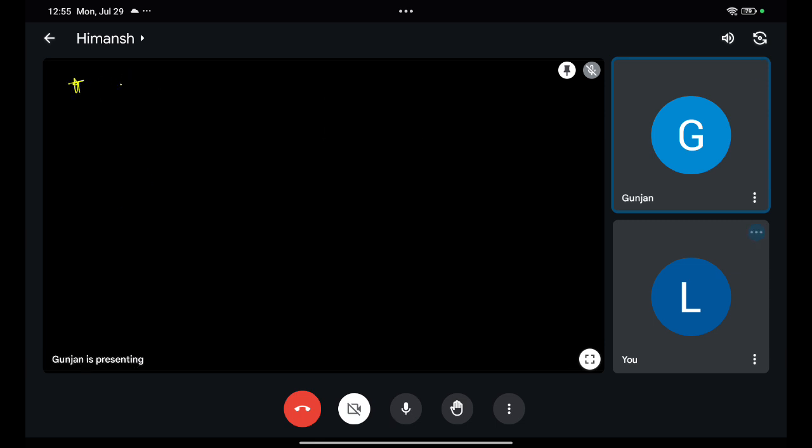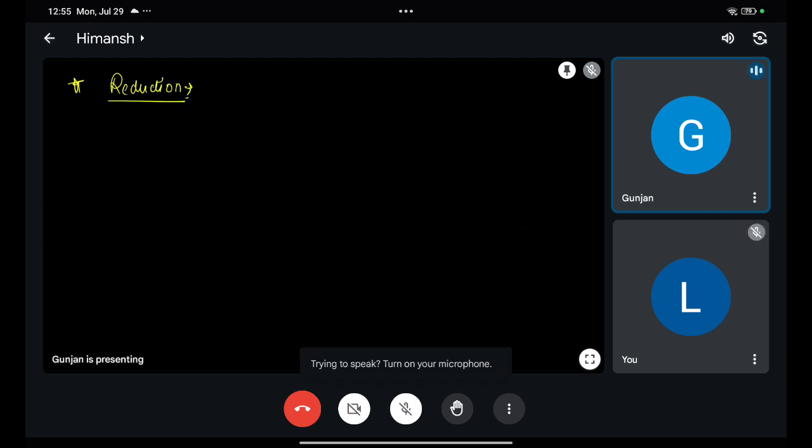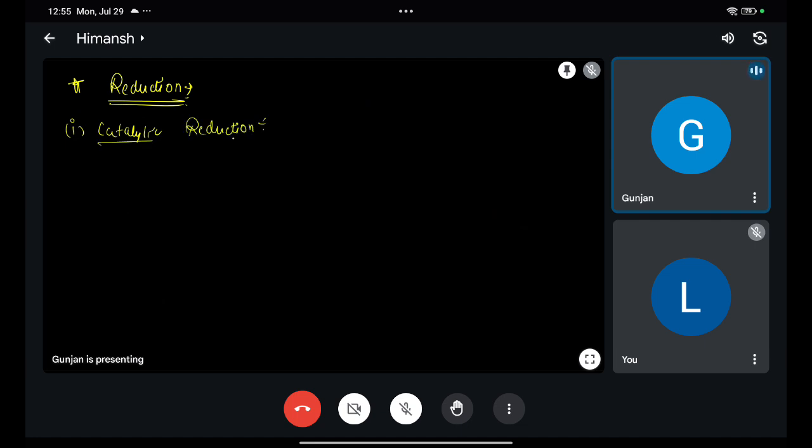Himansh? Yes, ma'am. Moving on to the next reaction, that is the reduction reaction. The reduction reaction is catalytic reduction. Catalytic reduction means we are using a catalyst, and it is very important, very widely used. So we are having an alkene. We are applying hydrogen. Reduction means hydrogen we are supplying.